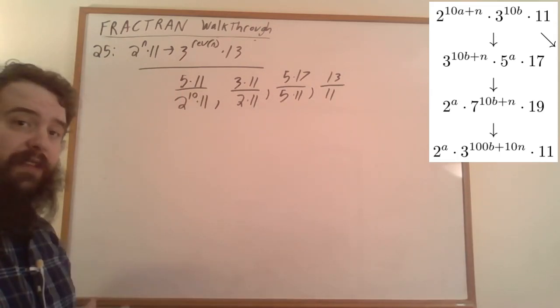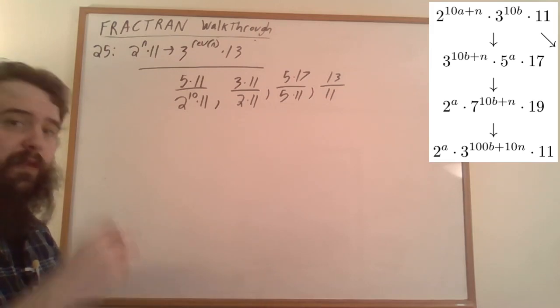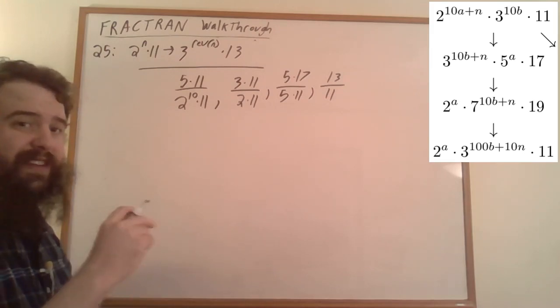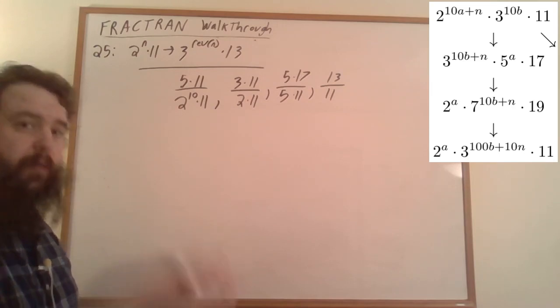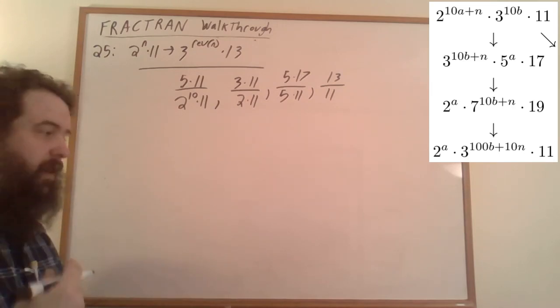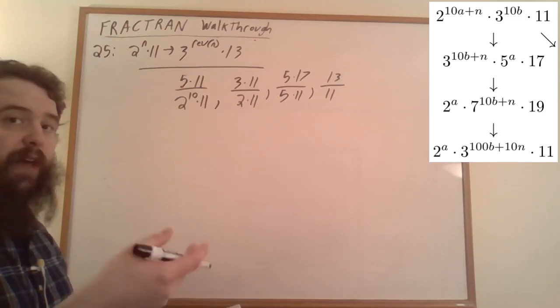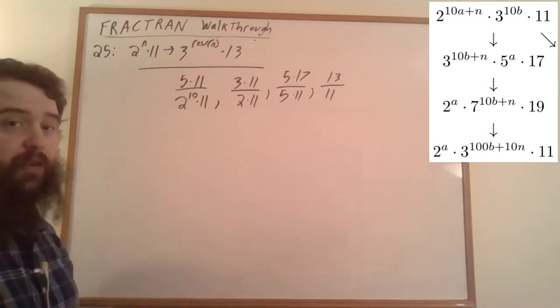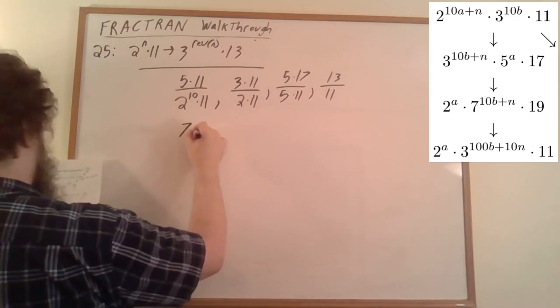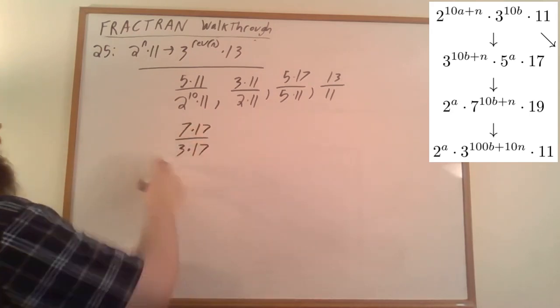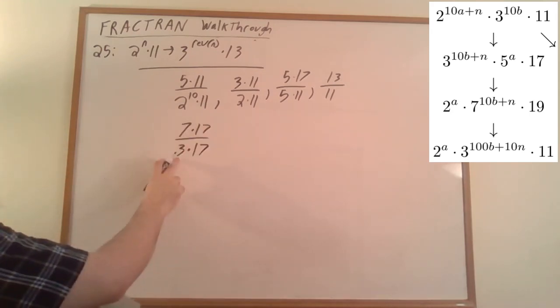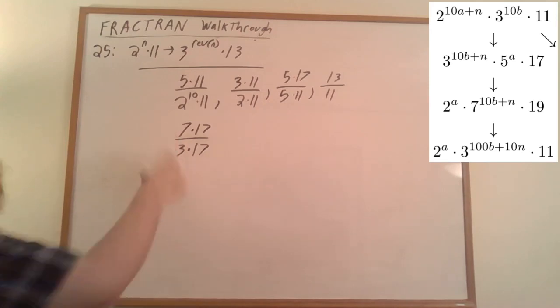Now, in state 17, we had 2 goals. We wanted to move everything from the 3's register into the 7's register so that we could move it back and multiply by 10 when we did that. And we also wanted to restore the value from the 5's register back to the 2's register. So this fraction here will move all the values from the 3's register into the 7's register.